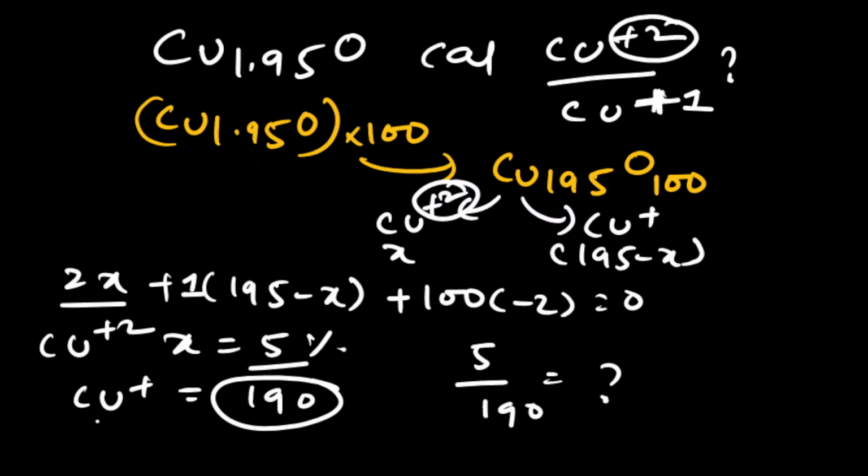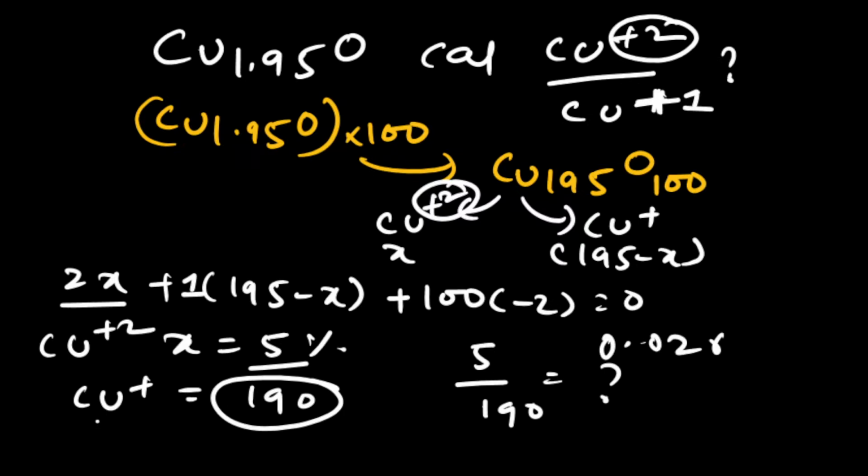I hope it is clear. Or are you still getting confusion? Are you getting any confusion? 5 by 190 will give you something like 0.026, right?